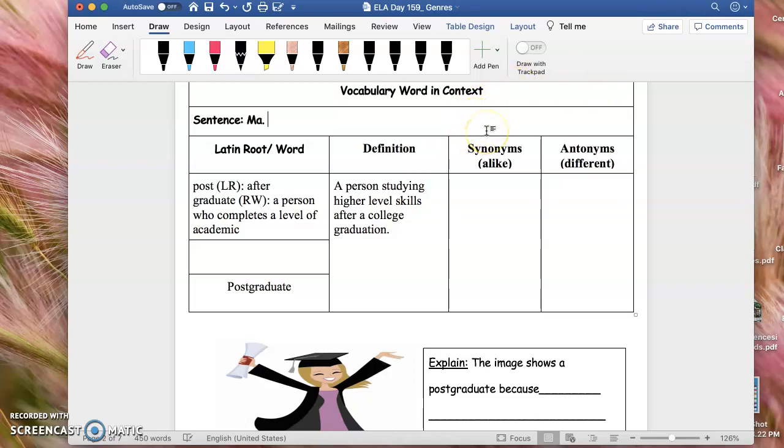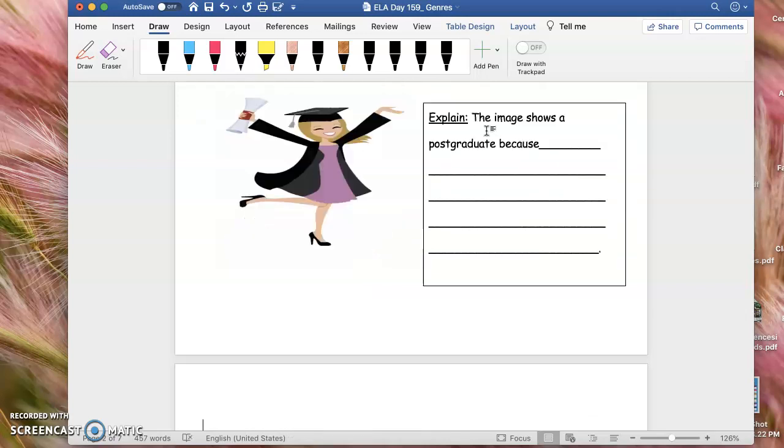So I'll say Miss Simmons was a postgraduate in 2011, okay? Because that is when I got my first master's. So how do you know that the woman is a postgraduate?